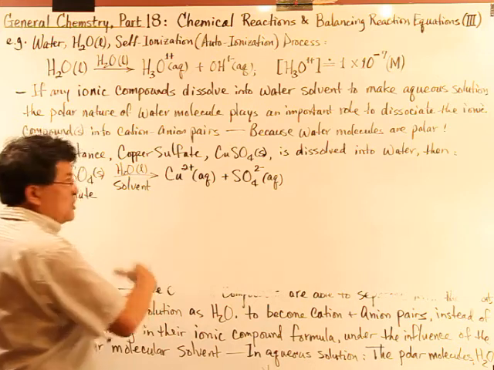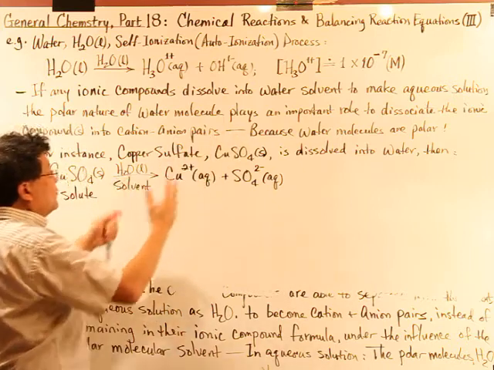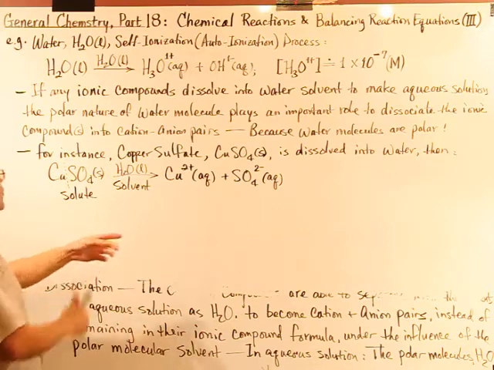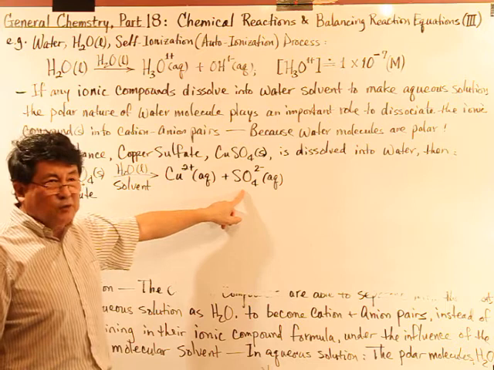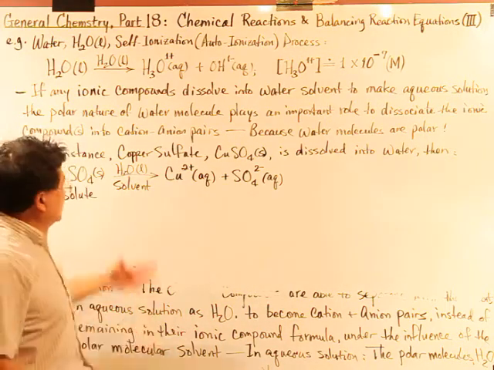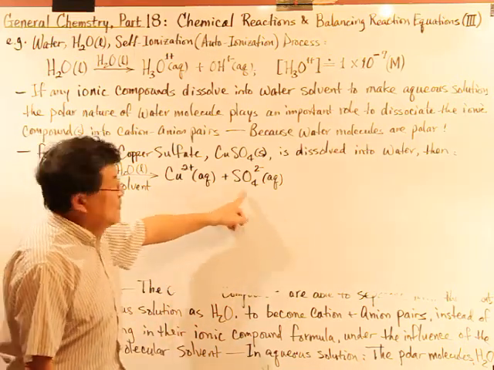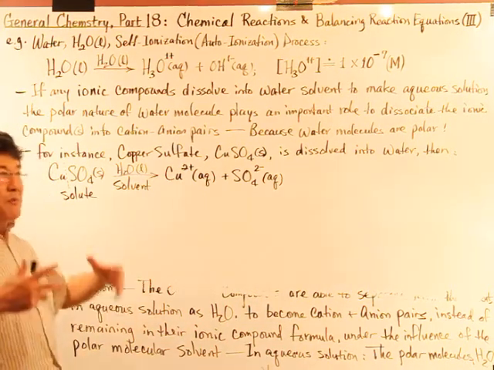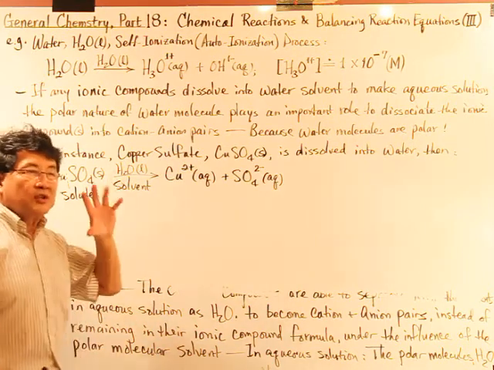If they come back, we can neutralize, but they are not going back unless you dry off this solution with all the water evaporated off, and then the attraction force between the 2 plus copper cation and the 2 minus sulfate anion will automatically attract each other to put the copper cation into the crystalline structure of the copper 2 sulfate, back to crystal solid again, unless you evaporate all the water solvent.